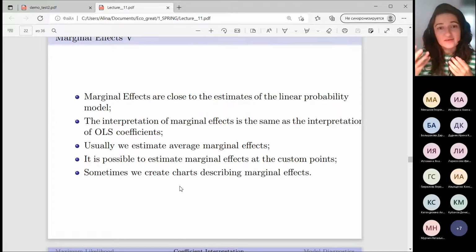The good news is that you can interpret marginal effects in the same manner as you interpret the coefficients after the ordinary least squares method.